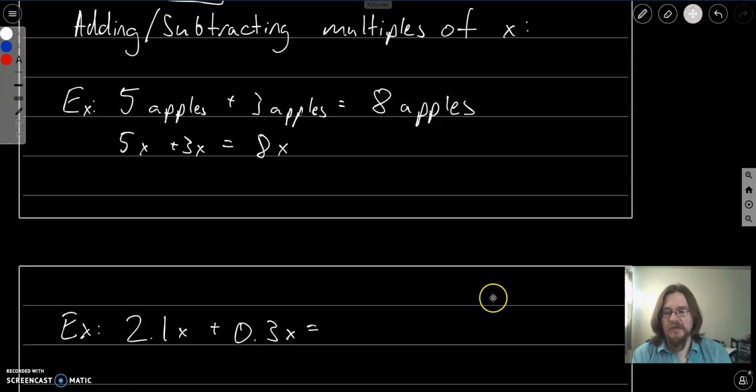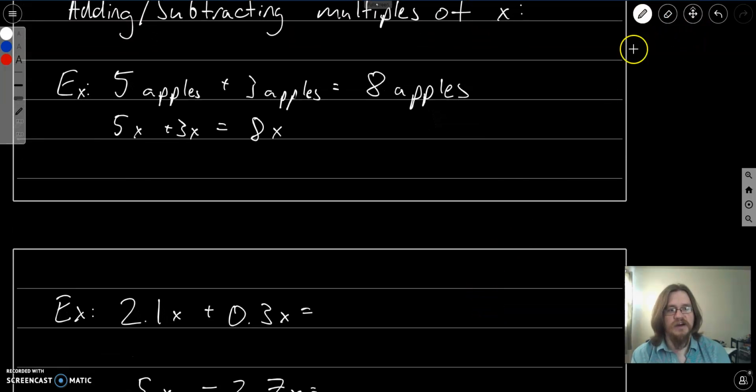When we look at maybe, say, non-integers, so things that have decimals in them like this, we can do the same thing. So if I have 2.1 x's and 0.3 x's, I can add these together. And I'm going to add an extra step in here just to make sure that we see what's going on. Here, I'm going to take 2.1 and I'm going to add 0.3 x.